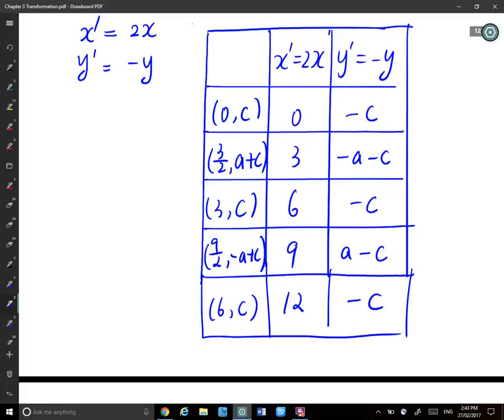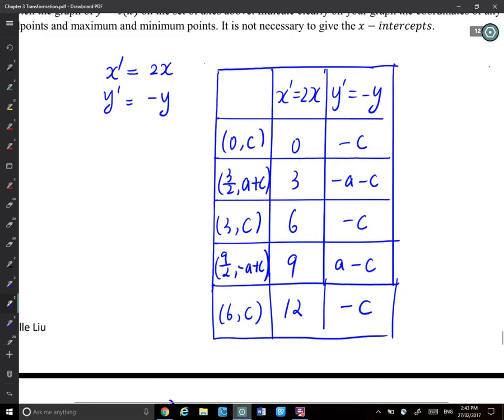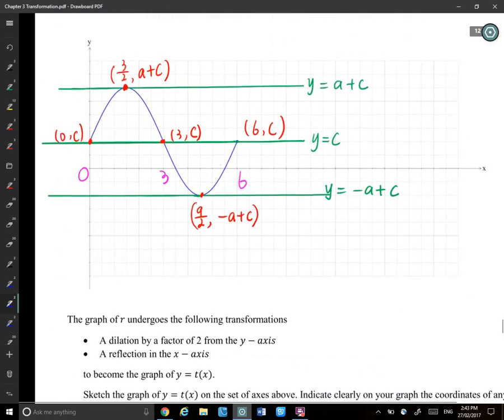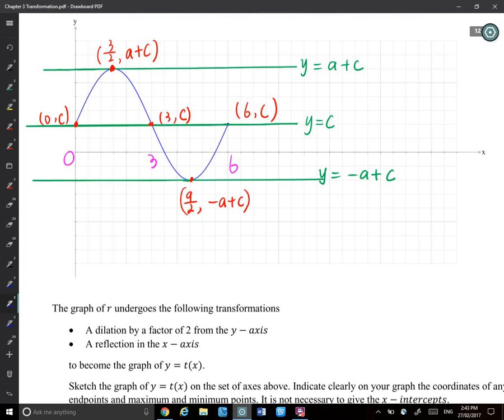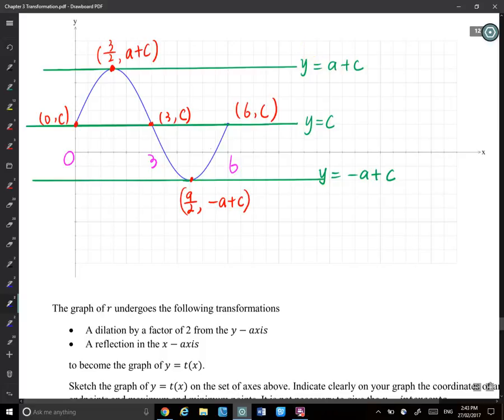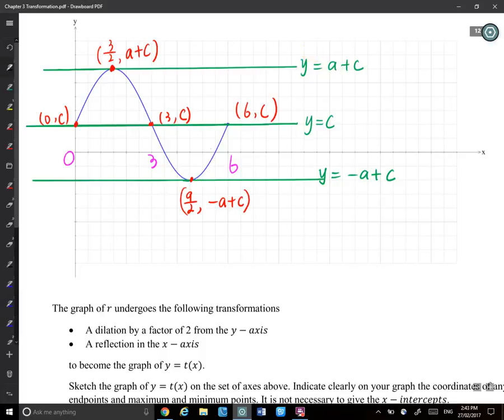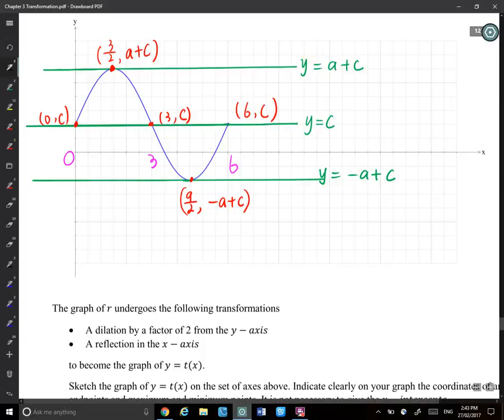Let's have a look at where each one is. Where is 0, minus c? 0 is here, and minus c will be the same distance from the top, so here.